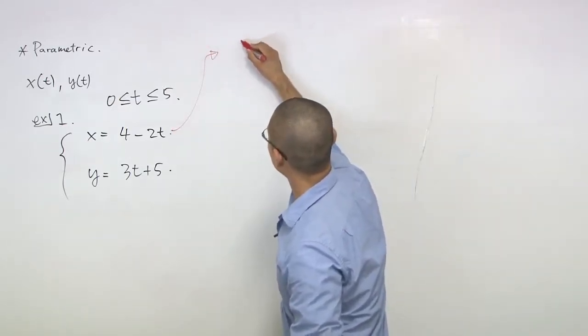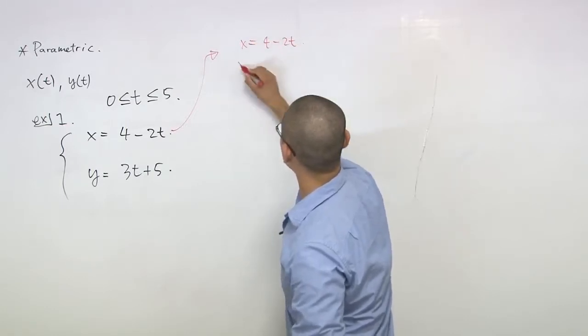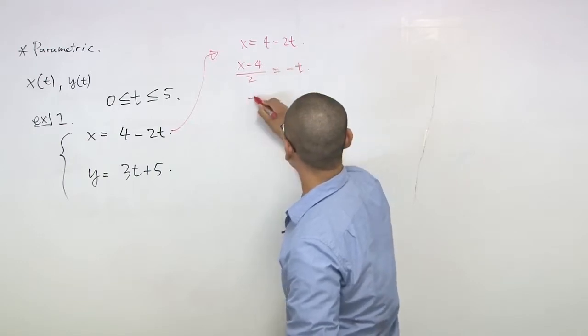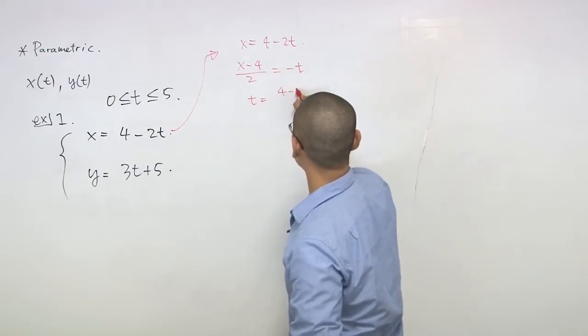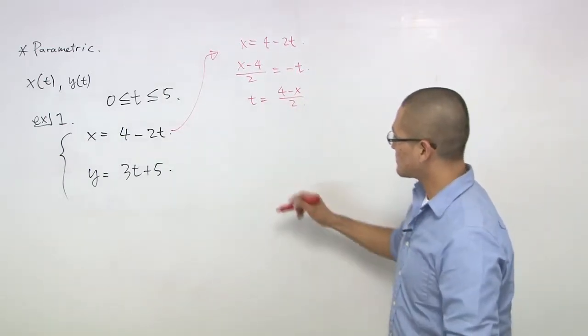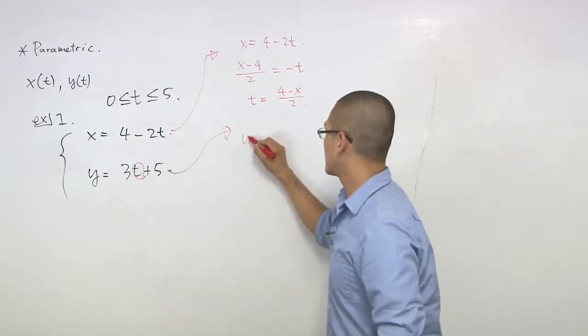So if I solve for t here, then it becomes this. x minus 4 divided by 2 is equal to minus t, which gives me (4 minus x) divided by 2 is t. Okay? Then instead of writing this t over here, I could use this and rewrite this.